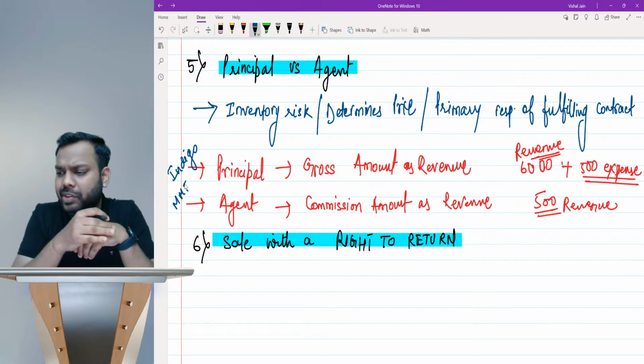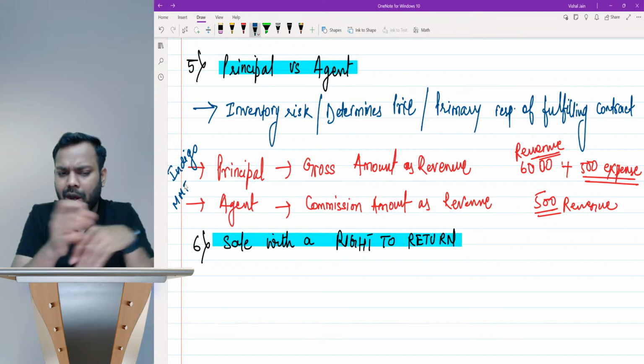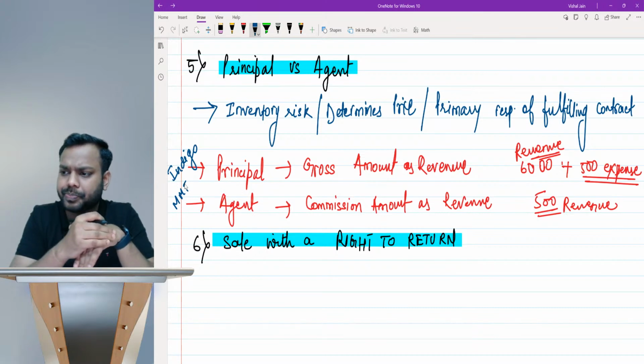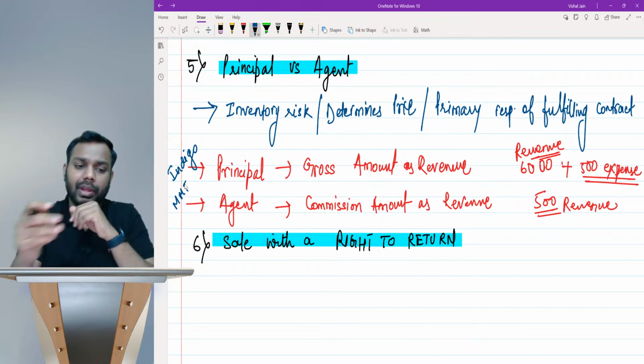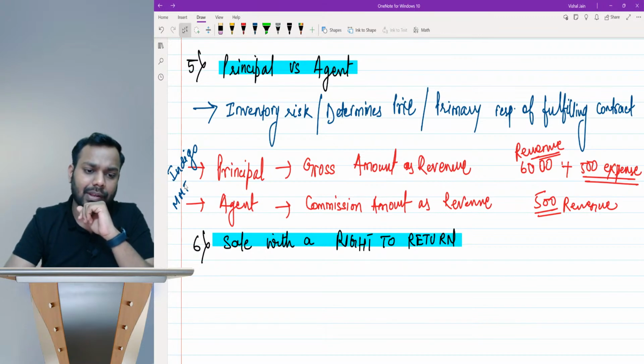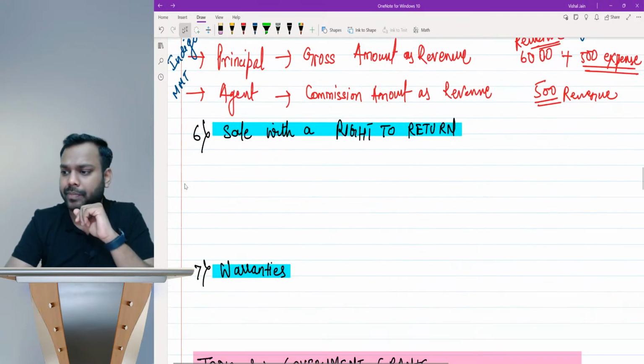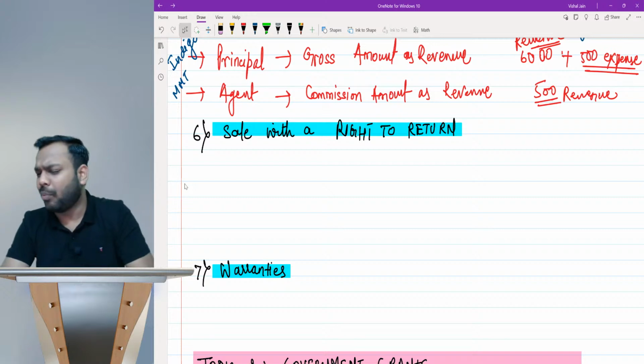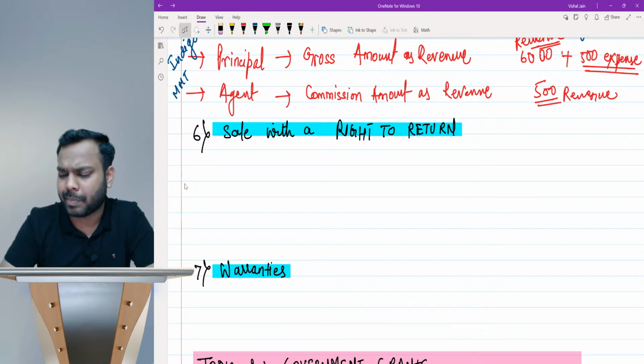Same thing happens when we purchase with Amazon, or Myntra, or any other e-commerce portals. Okay, now coming on to the next topic, that is sale with a right to return. Consignment is more or less the same, Manav, that's the reason why I'm not covering the consignment again here.